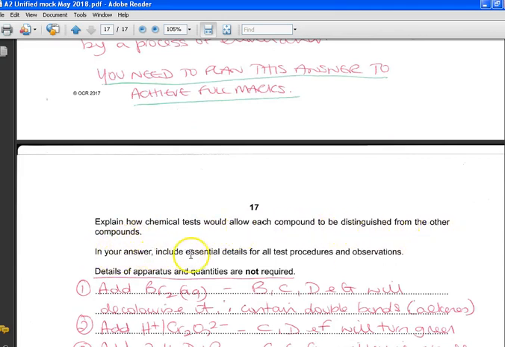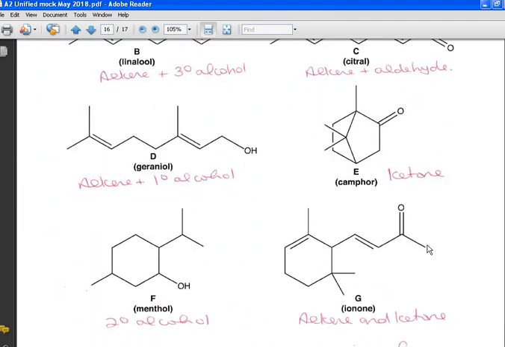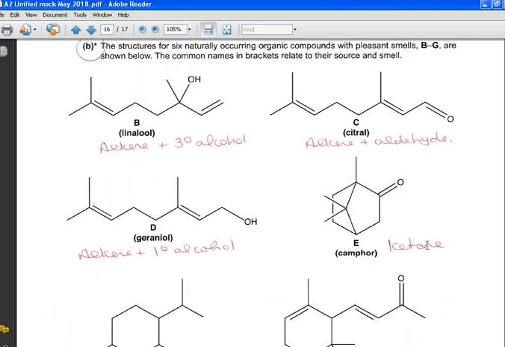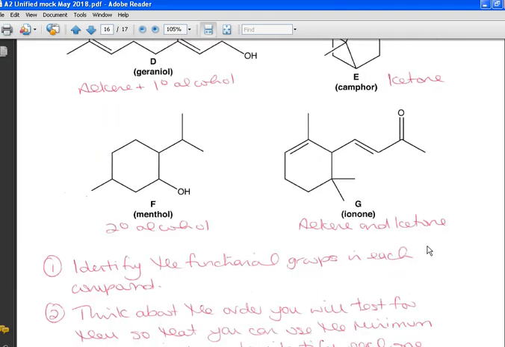In your answer, include essential details for all test procedures and observations. You are not required to give details of apparatus and quantities. So they don't want you talking about condensers and stuff like that. What they want to know is, how would you distinguish these 6 compounds from each other by working out a series of tests.